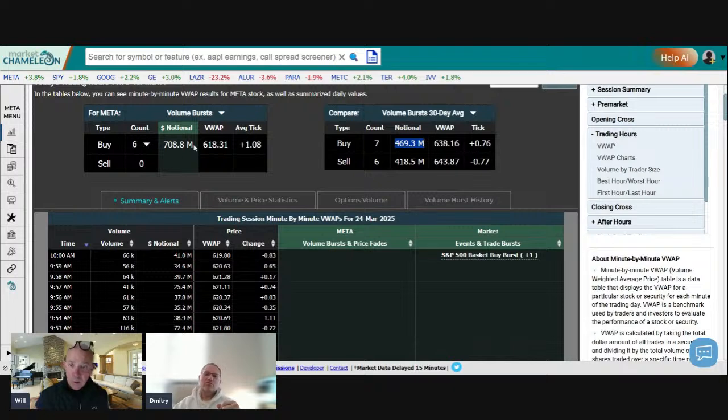So yesterday the dollar value was higher, and the average uptick was $1.08 versus an average uptick of 76 cents. So we could see that yesterday's volume bursts dollar wise were larger than average, and the average uptick was larger, meaning that it was less liquid to the upside. So the buyers had to reach a little bit higher than usual.